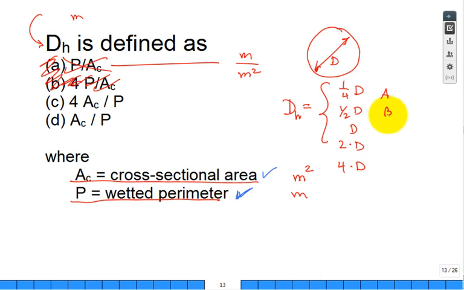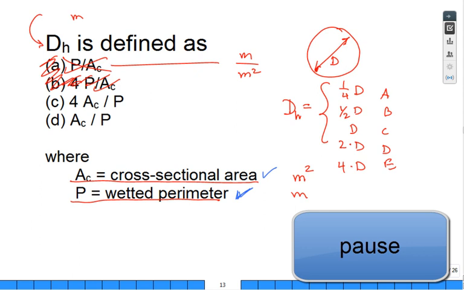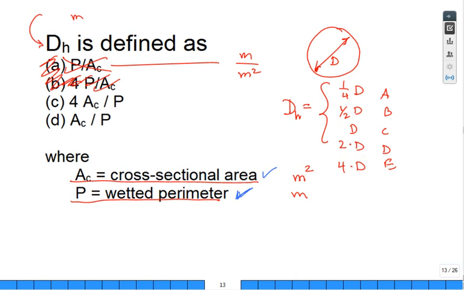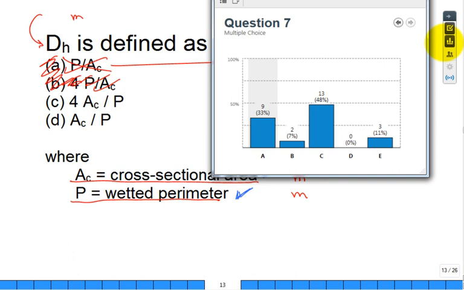Answer A, B, C, D, or E. If I use the same formula to calculate the hydraulic diameter of a round tube, what should it be in terms of diameter of the tube? We're done. Let's stop. I was hoping that most of us would nail this one.